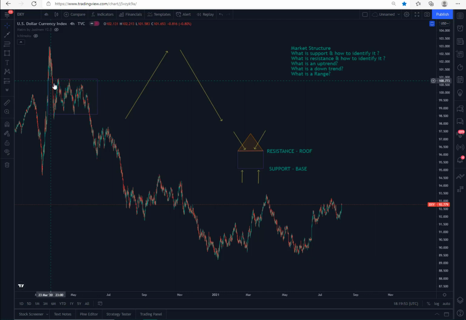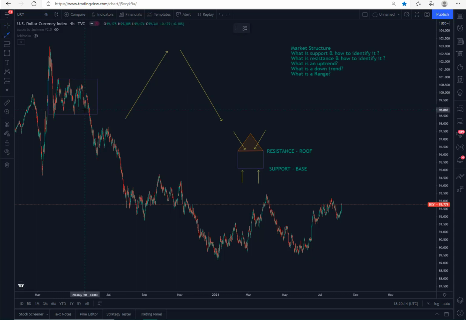Whenever you see price moving in such a manner, it is simply called a trading range, or a consolidation phase, or distribution phase, whatever. All of them are the same terminology. So basically you have price in a can, so they're not really moving in either direction.